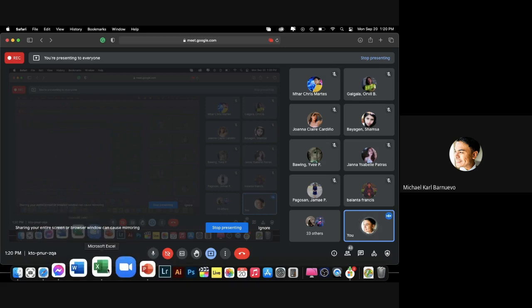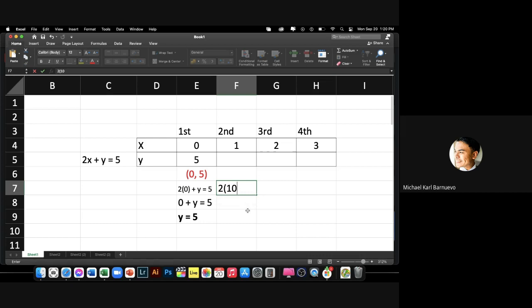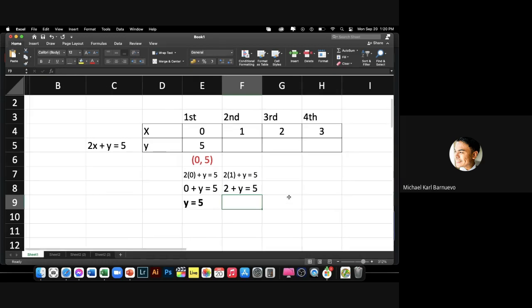How about the second one? If x is 1, ano naman ang y? So let's substitute. 2 times 1 plus y is equal to 5. Ayan. Let's shorten the equation. 2 times 1 is, of course, 2, plus y is equal to 5. Then we now transpose. Do you still remember how to transpose?